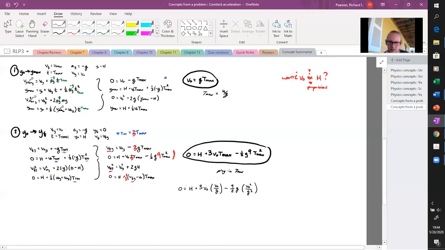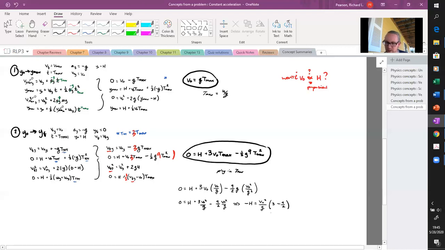Okay, great. So now if we simplify this, that was crazy for a second there, is equal to h plus 3v naught squared over g minus 9/2 v naught squared over g, which means we can simplify this. If we bring h to the other side, we get negative h. And if we pull out v naught squared over g, we get 3 minus 9/2.